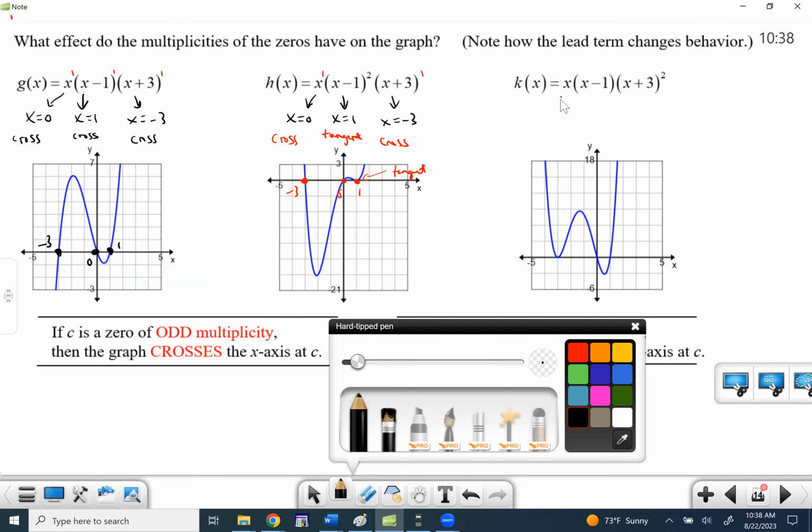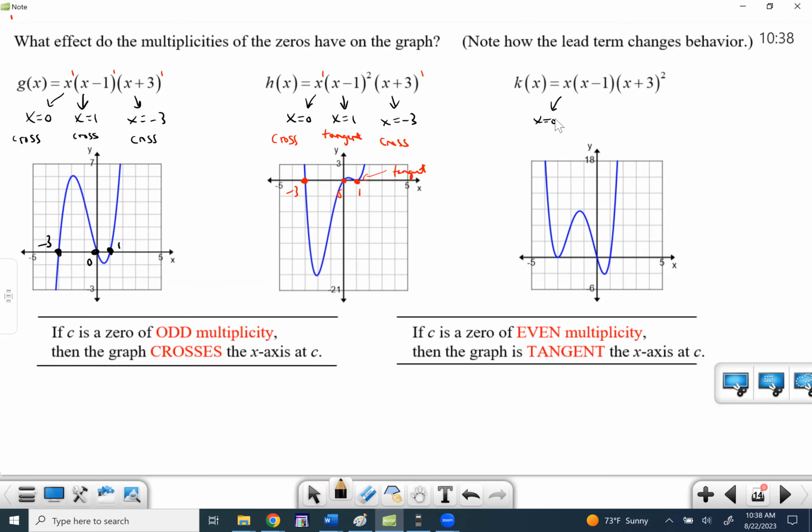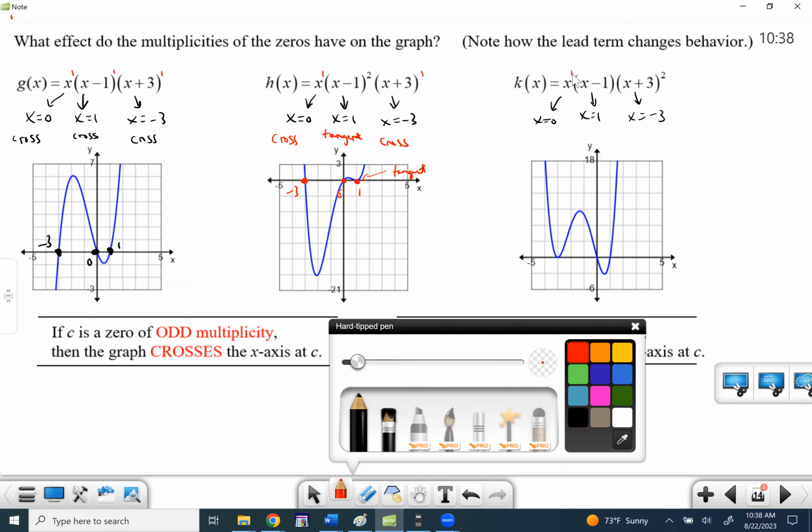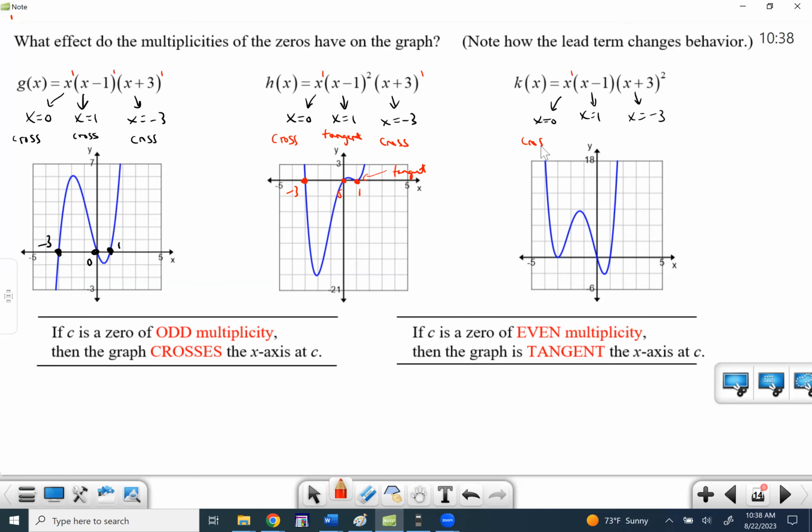Okay. Next one, same thing. We got the same zeros. Okay, let's see what our exponents look like. This one's a 1, so it's a cross since it's odd. This one's a 1, so it's a cross. And this one's a 2, so this one should be tangent. So let's see. At 0, did we cross? We sure did. We went through the x-axis.